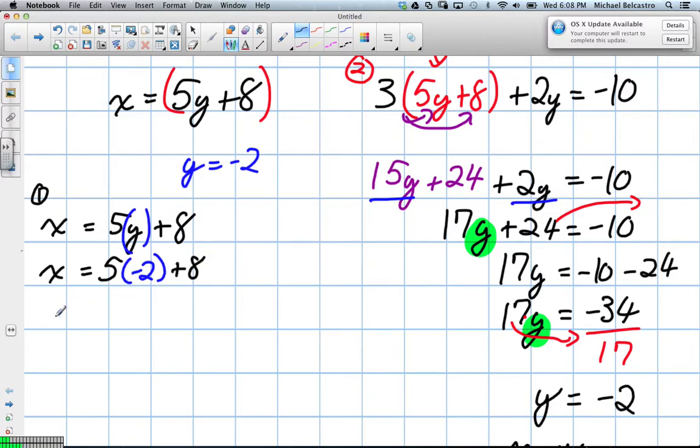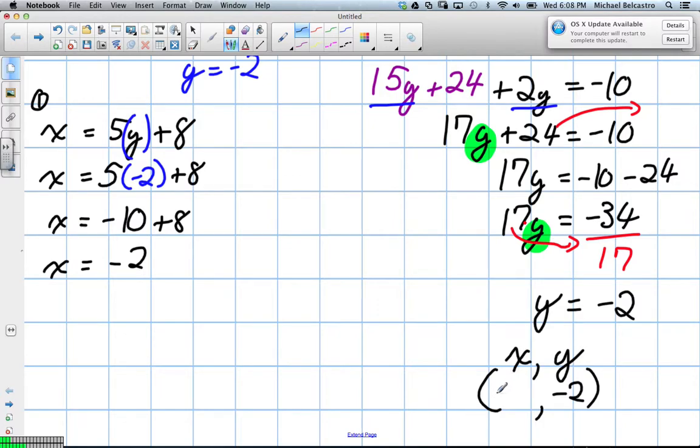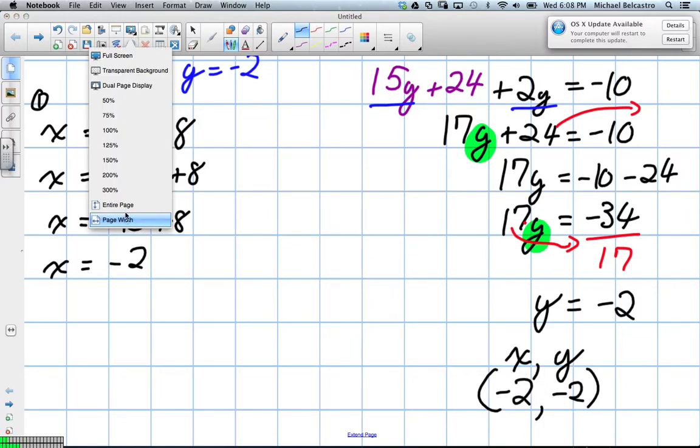We do BEDMAS here. 5 times -2 will give us -10 plus 8. When we take a calculator and put those together, we're going to get -2 again. So it ends up being the exact same. So our coordinate, where the two lines cross, would be at -2 and -2.